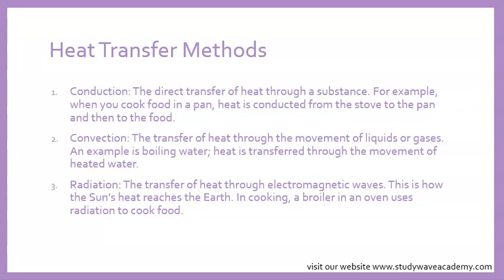And then the third way we transfer heat when cooking: radiation. The transfer of heat through electromagnetic waves. This is how the sun's heat reaches the earth. In cooking, a broiler in an oven uses radiation to cook food.